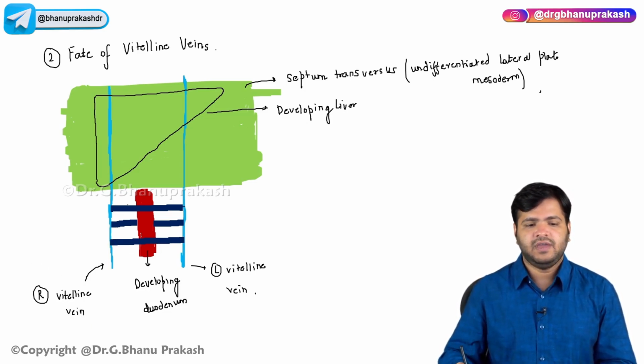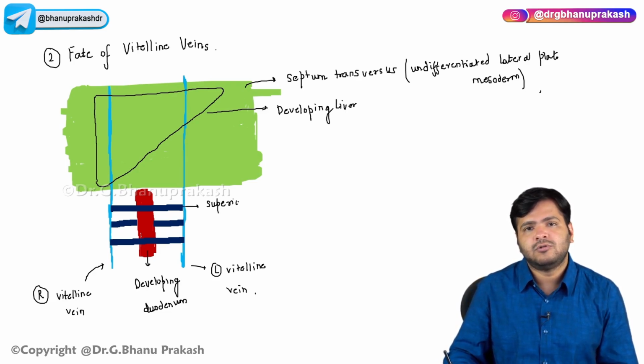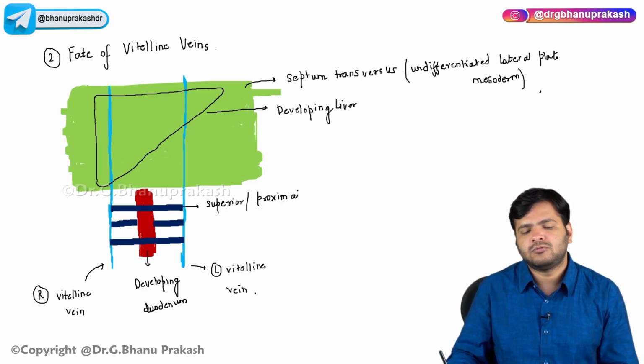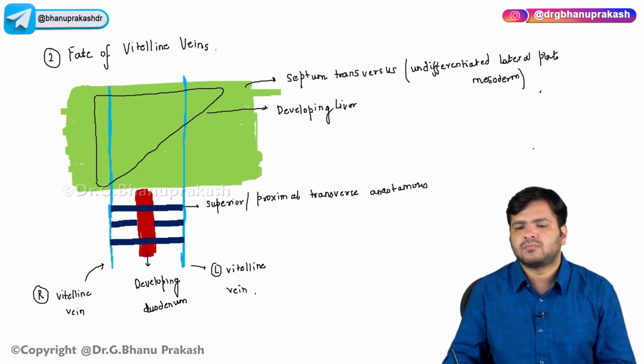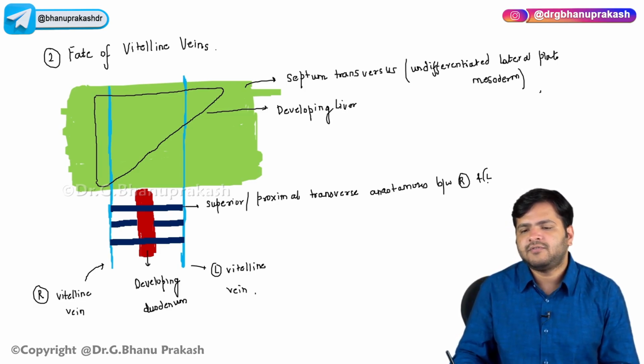So remember, let us name all this. This is the superior, or proximal, transverse anastomosis between the right and left vitelline vein, ventral to the duodenum.